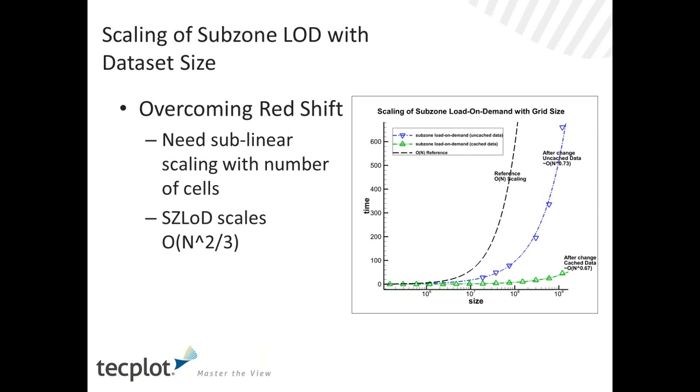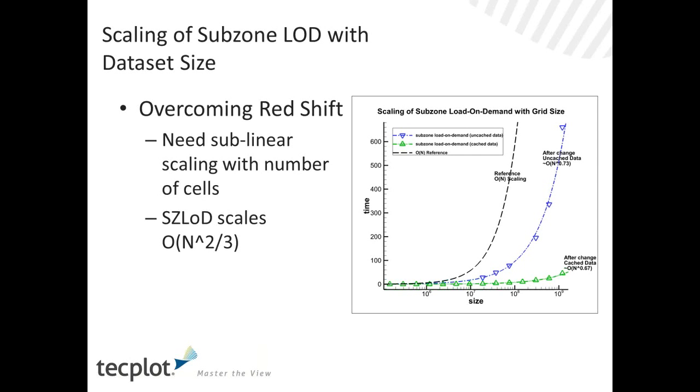That's the theoretical maximum. By the way, if you're doing a stream trace, the theoretical maximum is N to the 1/3, and we do get pretty close to that as well. So that's an important thing to point out: going sublinear means that as data gets larger, the effect is more pronounced. As the data gets larger, the performance improvement you get with Subzone load on demand is better.